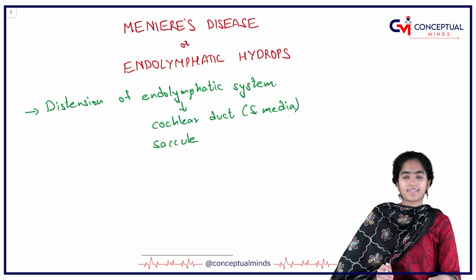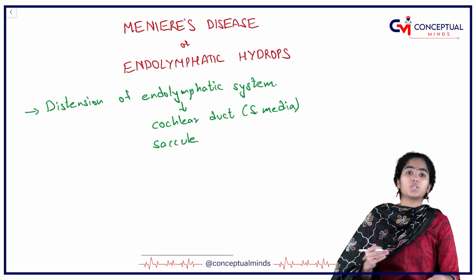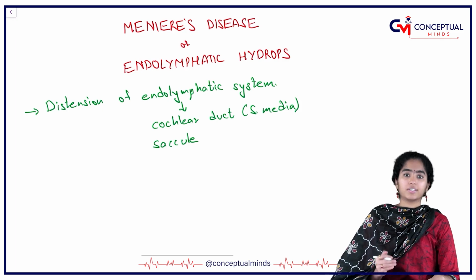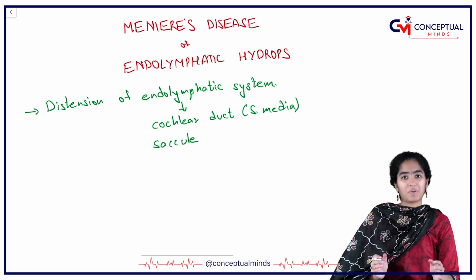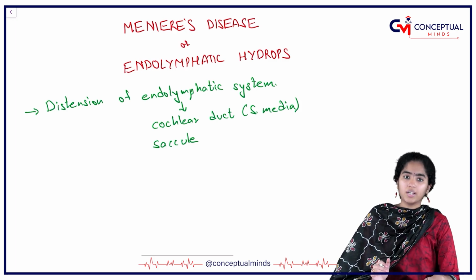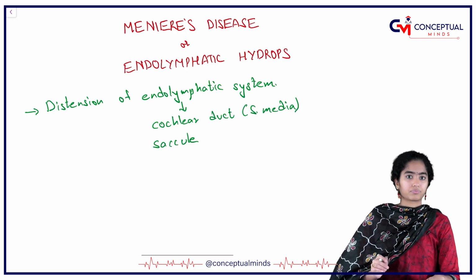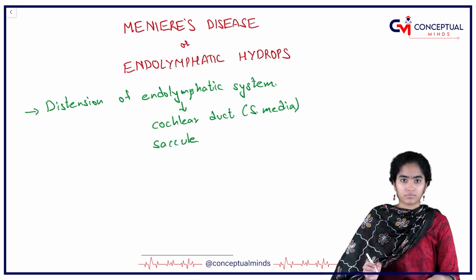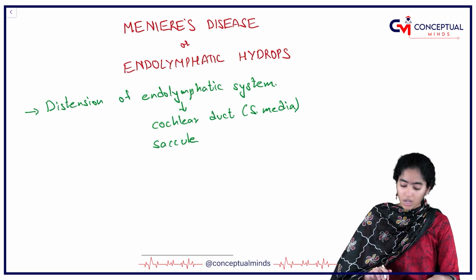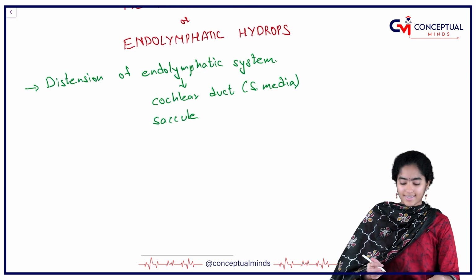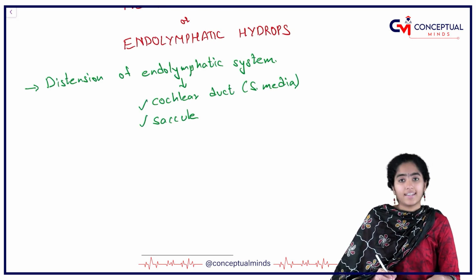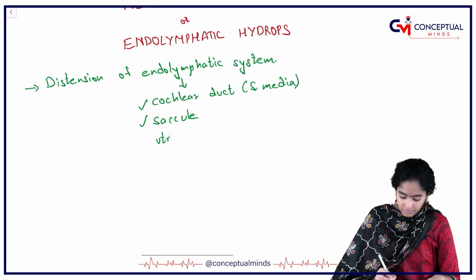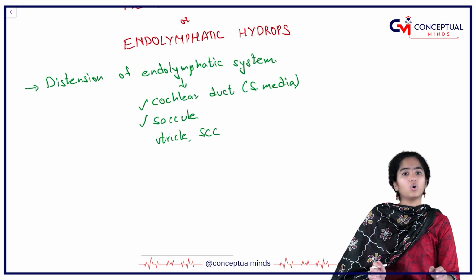We know the saccule is a sac that lies opposite to the stapes footplate. Just like the utricle, there is another sac called the saccule. It's present in a spherical recess. So the cochlear duct and saccule are mainly affected, and also to some extent the utricle, and the semicircular ducts are also affected.